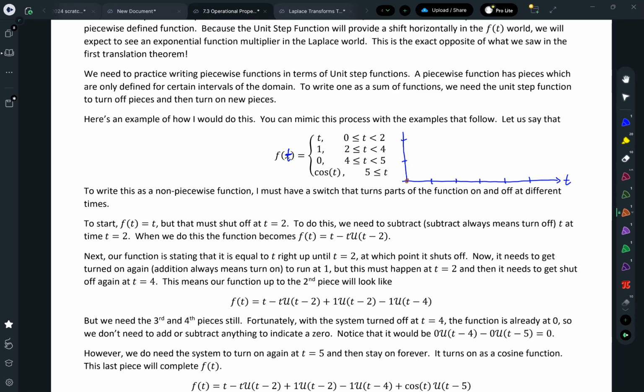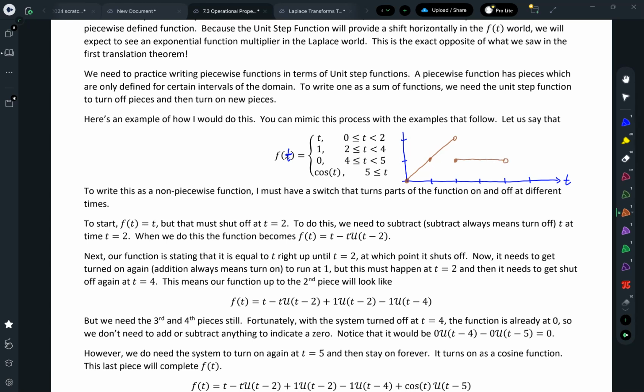F of t equals t goes through the origin, it goes through 1, 1, and it goes through 2, 2. So it's a straight slanted line with a slope of 1. But at t equals 2, it shuts off, and then a new function starts at 2. It's the function f of t equals 1, which is a horizontal line, and it goes from 2 to 4.